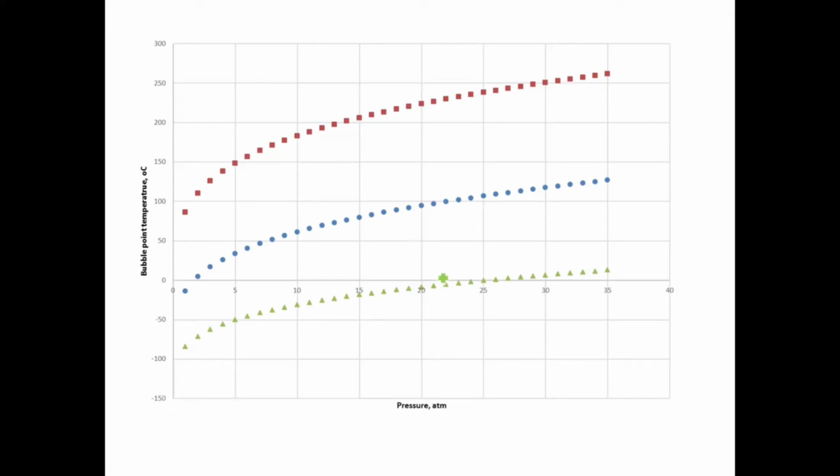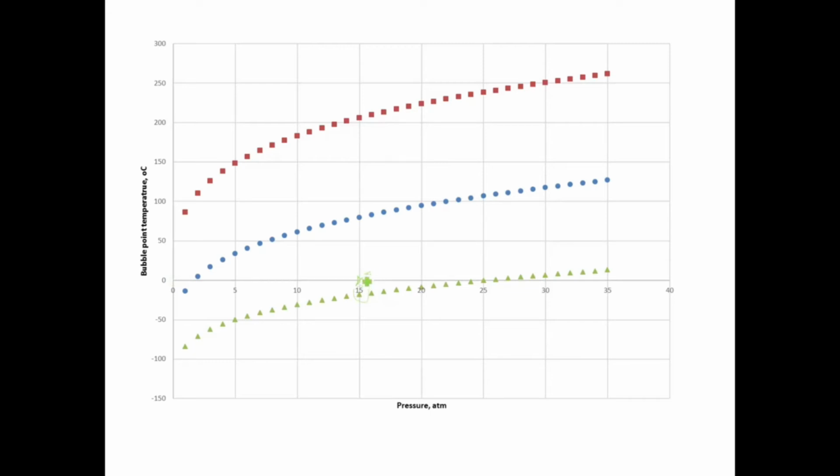Let's say we fix the pressure at 15 atmosphere, which is this point, and at roughly nearly 0 degree centigrade. So clearly your HCl is above the bubble point. Obviously, it will be in the vapor phase.